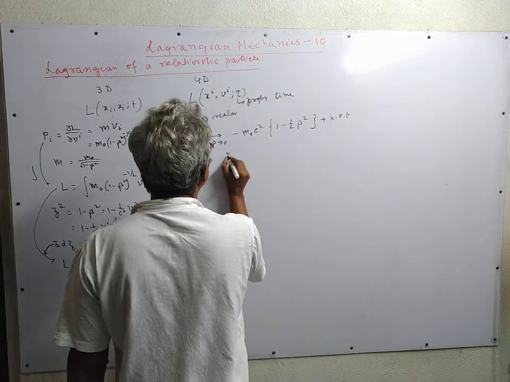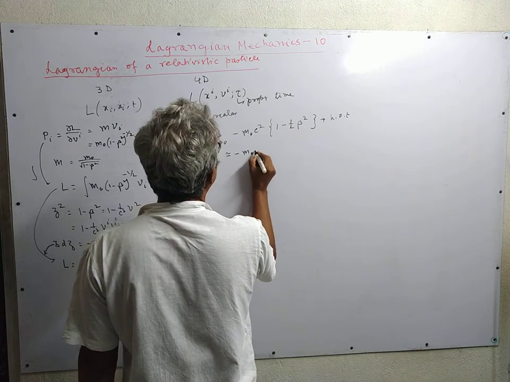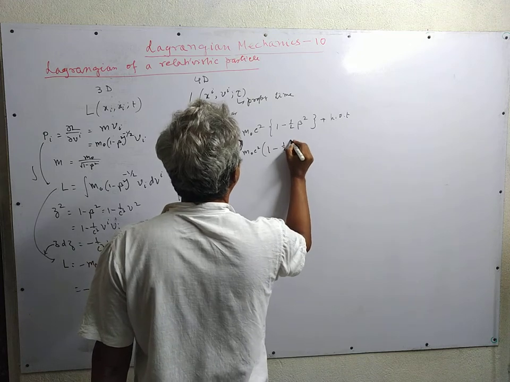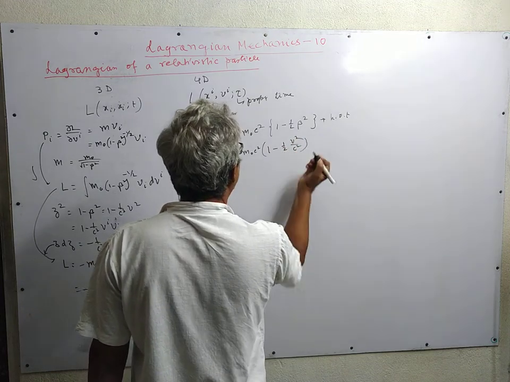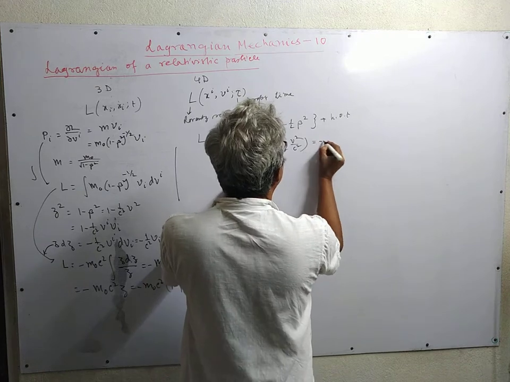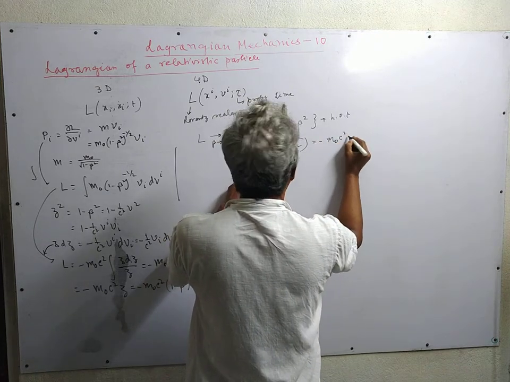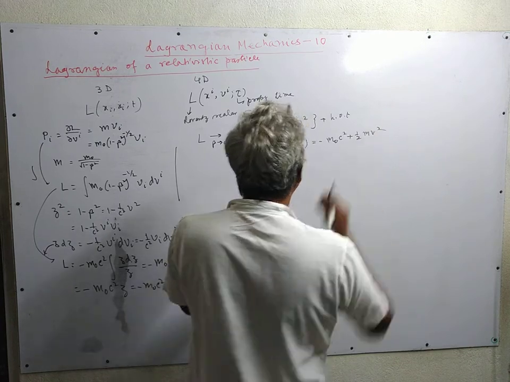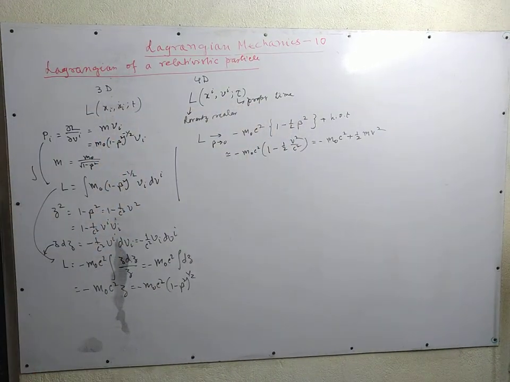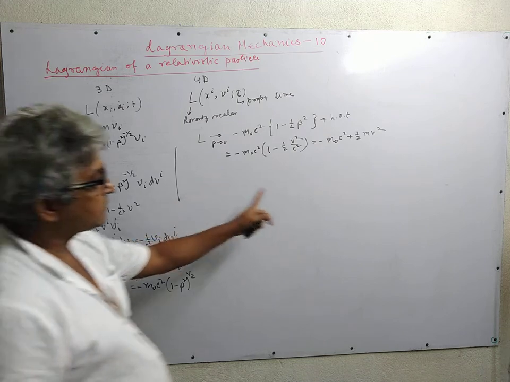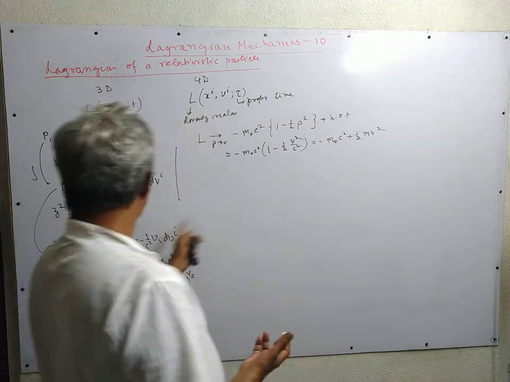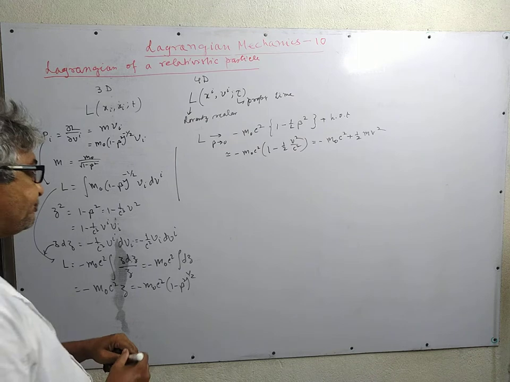So this is approximately −m0 c² (1 − ½ v²/c²), which is −m0 c² + ½ m v². We haven't considered the potential energy till now. So this gives us the correct classical limit of the relativistic Lagrangian.